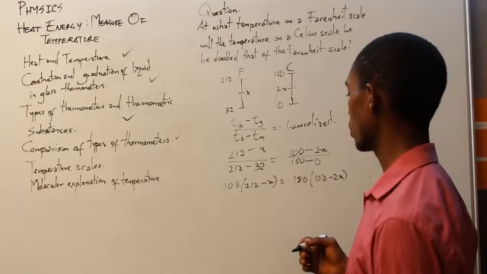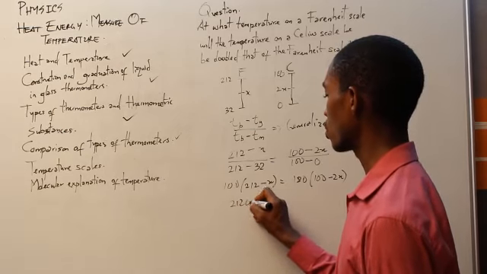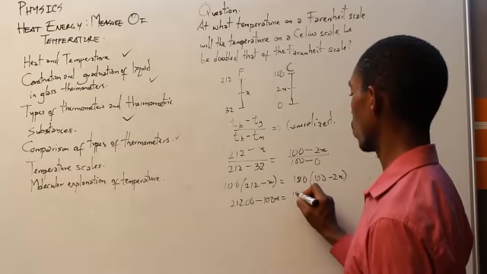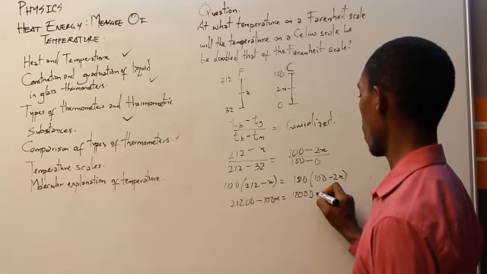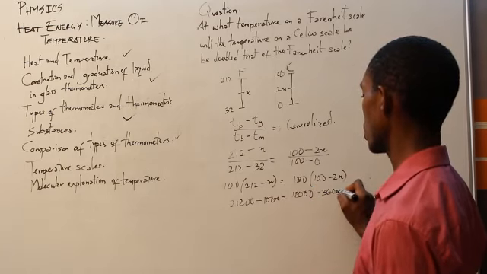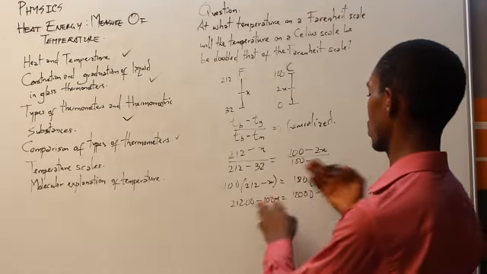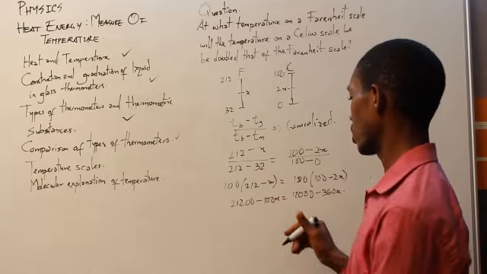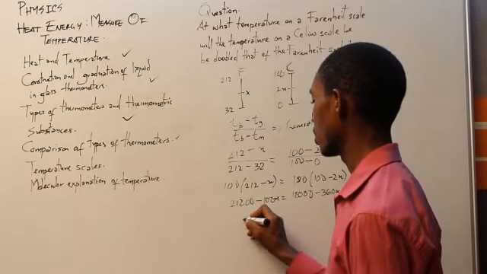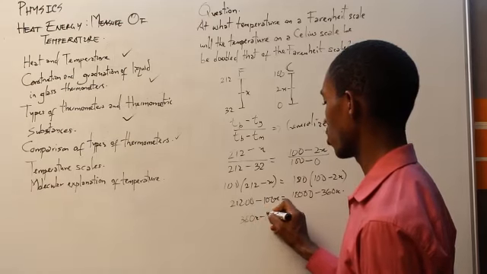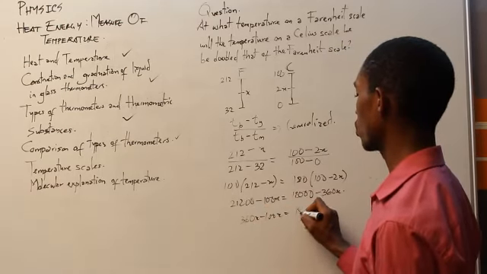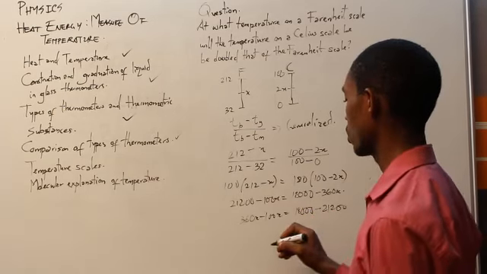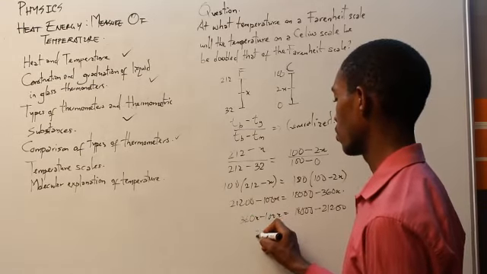Expanding the brackets, I'll have 21200 minus 100X, which should be equal to 18000 minus 360X. Let me take all my X's to the left hand side and bring my non-X's to my right hand side. So I'll have 360X minus 100X give me 18,000 minus 21,200.